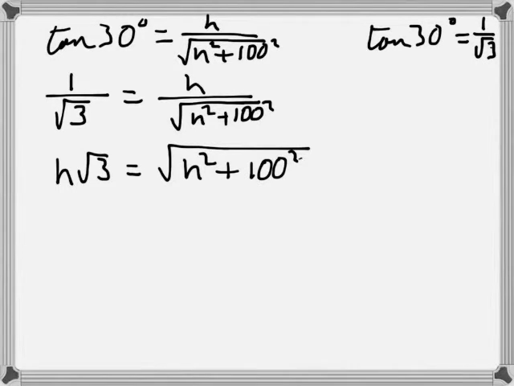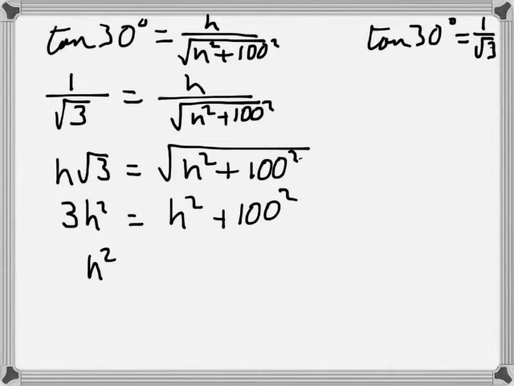Now that is pretty useless to us, so let's get rid of those square roots. So we'll square both sides. On the left hand side we're going to have 3H squared is equal to H squared plus 100 squared. So move the H squared from the right hand side to the left hand side, we get 2H squared is equal to 100 squared.